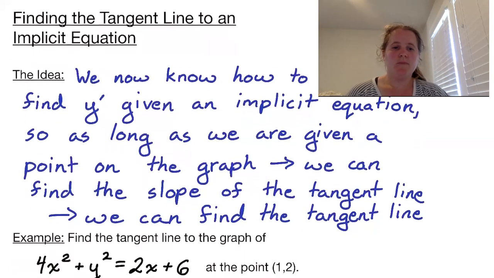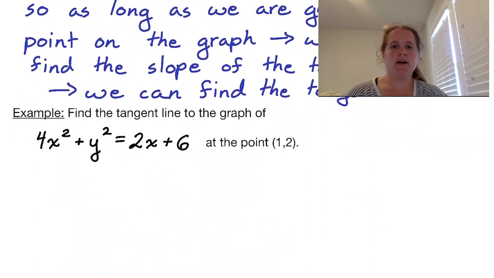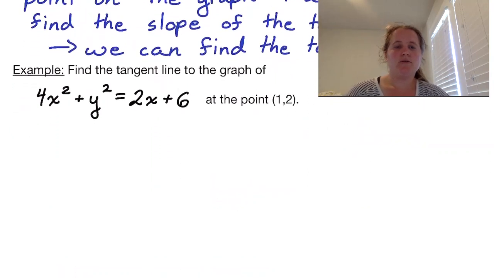For example, let's go ahead and find the tangent line to the graph of 4x squared plus y squared equals 2x plus 6 at the point 1, 2. So we can just quickly check as a side note that 1, 2 is on the graph.